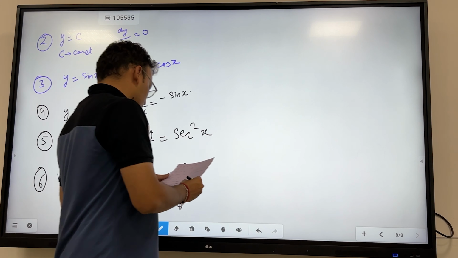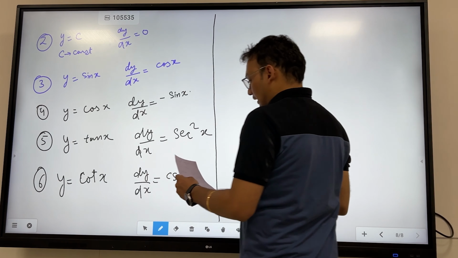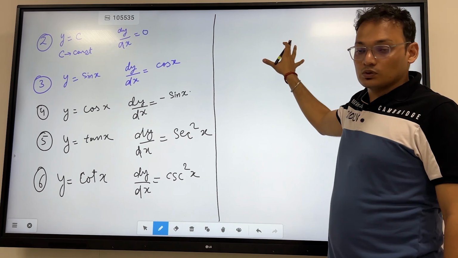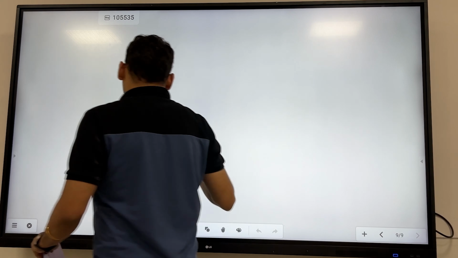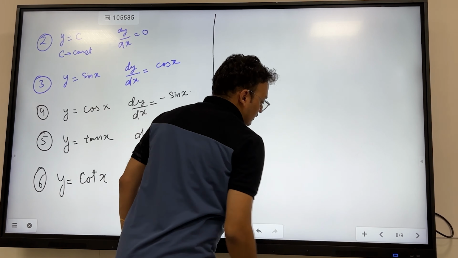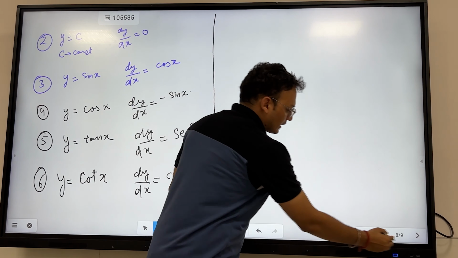Right? Now, similarly, I will drop more rules here as well. So you can see some more rules here as well. Just remember them or note them down.